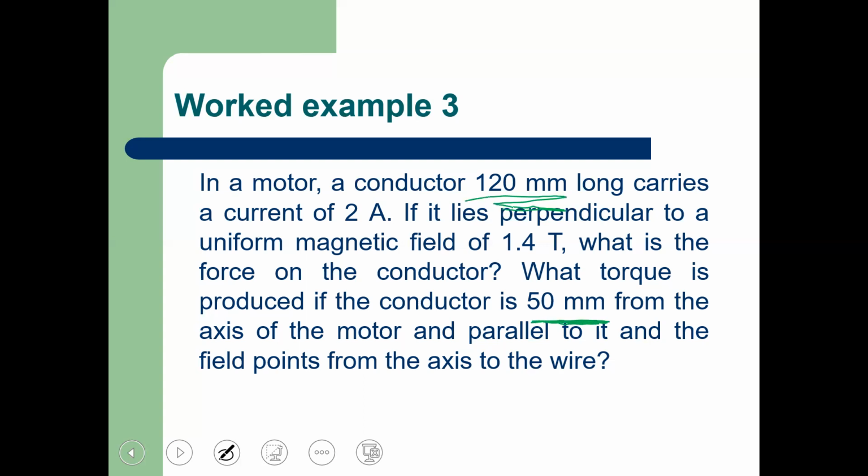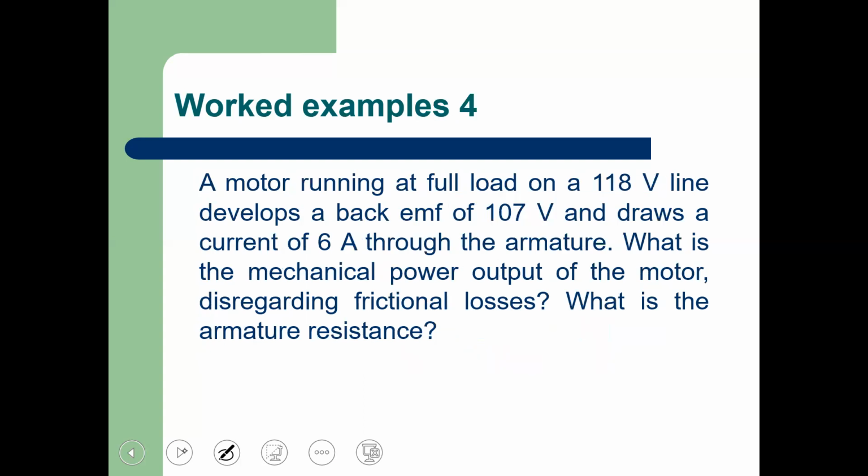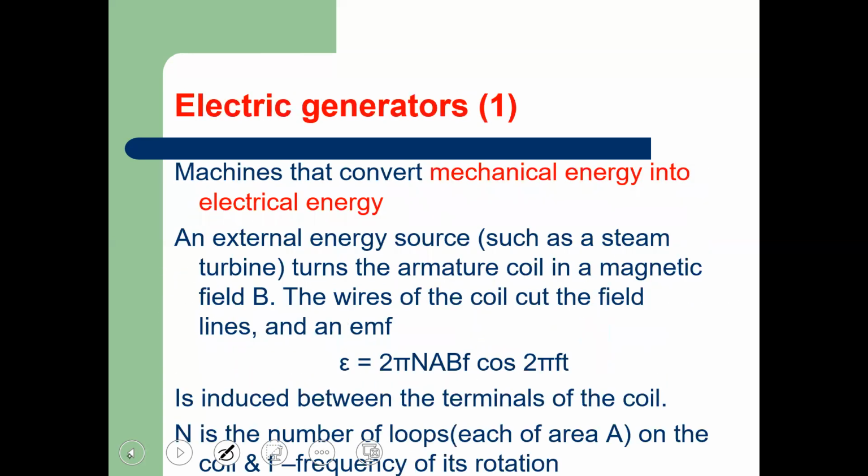We have 120 millimeter. If we need area, we know what to do. From the axis of the motor and parallel to it, and the field points from the axis to the Y. So please practice. Let me even see how much you have put in my mind.